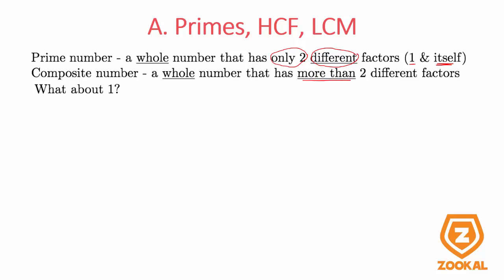A special case that we want to look at is 1. When we want to consider whether a number is prime or composite, we look at the number of factors. So let's look at the number of factors of 1.